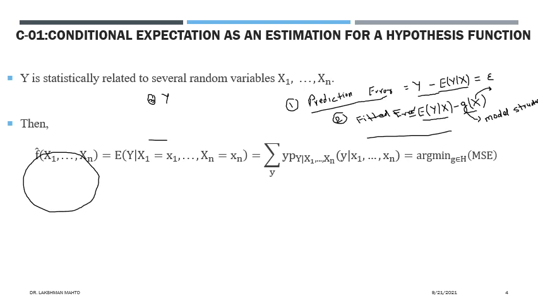So it can give a fitted value for y. The difference between y and g of x, what is the name of this? Has anyone heard this name? The name of this one we will call residual.